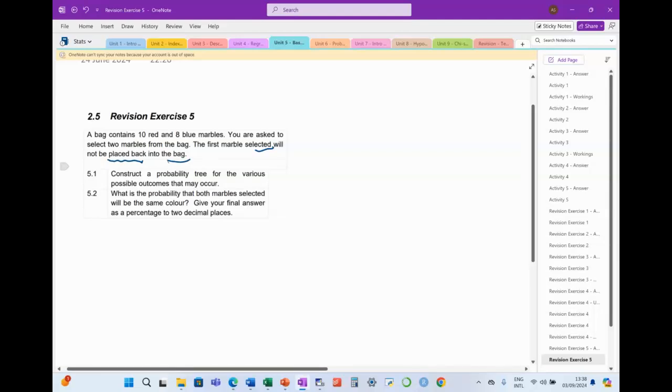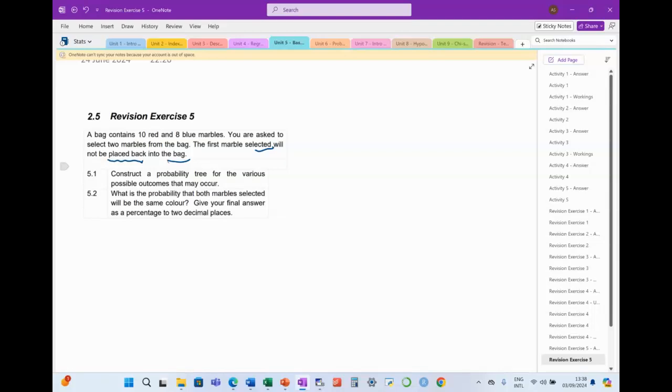Right. So the first thing they're asking is to construct a probability tree for the various possible outcomes that may occur.